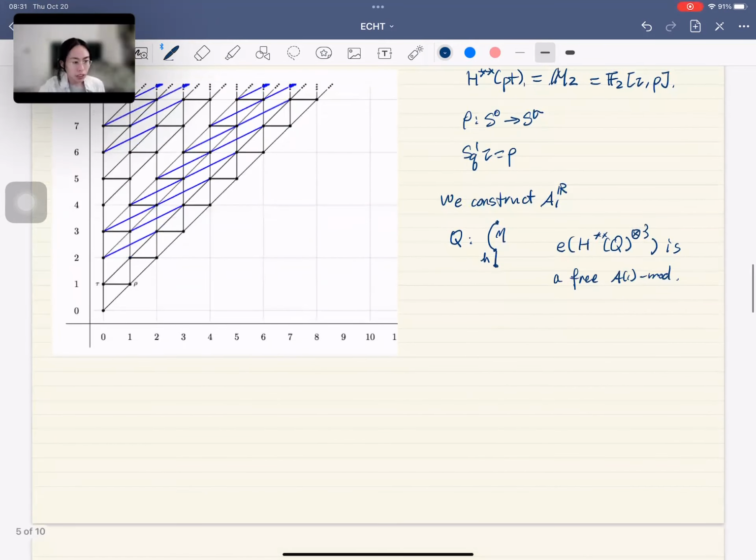And then we did the computation. Sorry, it's harder for me to say things and write things at the same time.